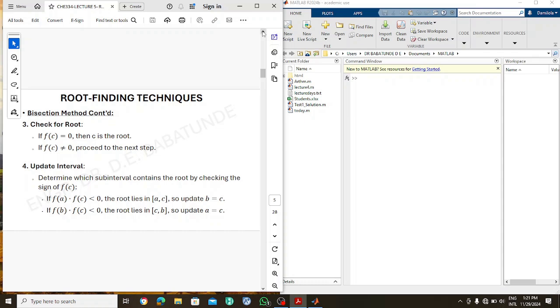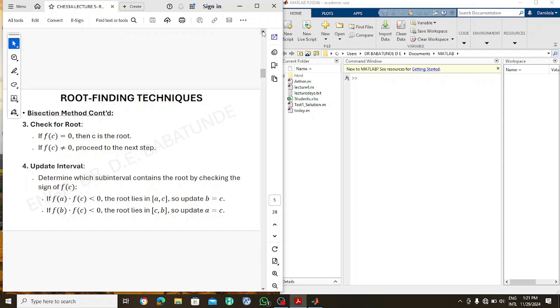But for this kind of method, it's not very likely that you are going to get 0 exactly. So normally you have a very small value, a tolerance limit, that is close enough to 0, say something like 10 raised to the power minus 5. That's really close to 0, depending on the project you are doing.